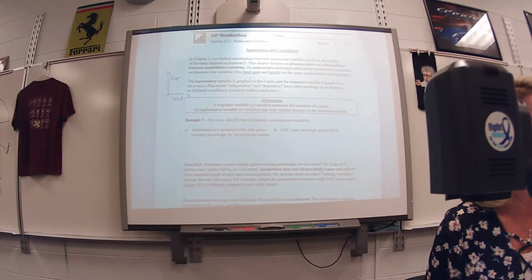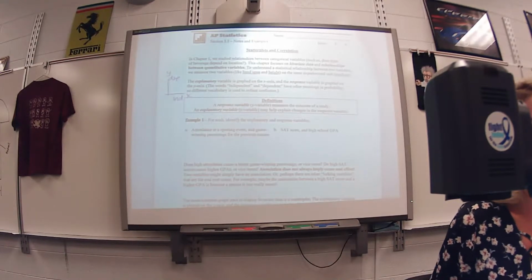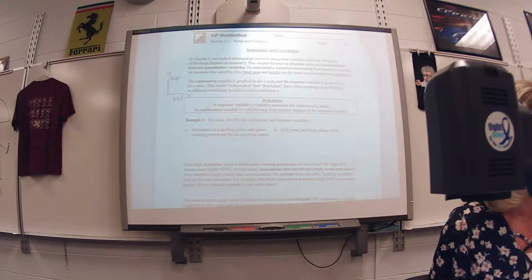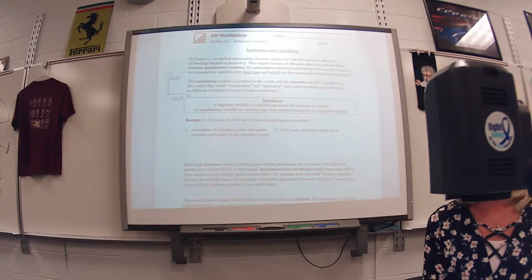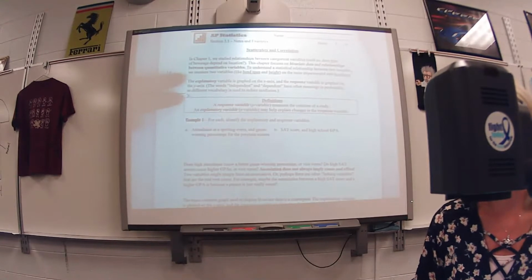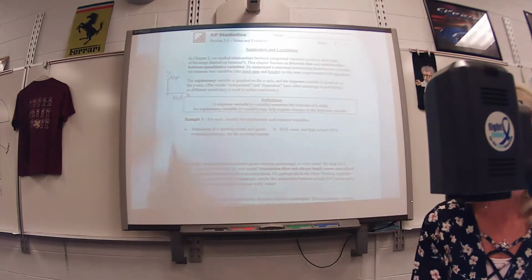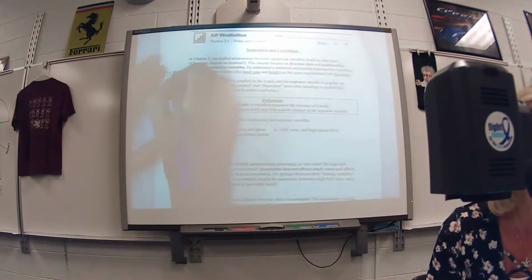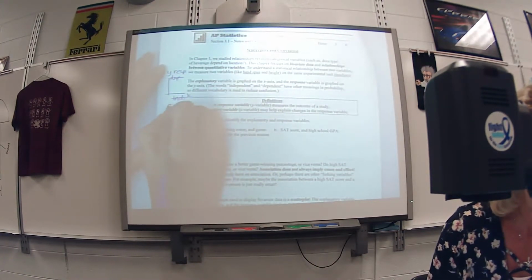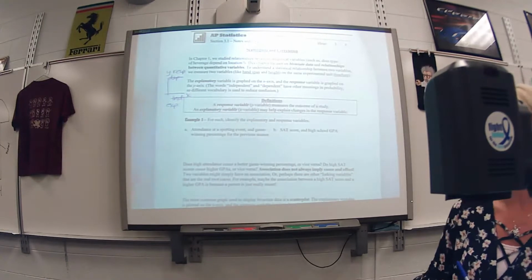If you think back to Algebra 2, we did things with probability called independent events and dependent events. That is why in the study of statistics, we don't use these words to describe our variables anymore, okay? Instead of the dependent variable, we call that the response variable. And instead of independent, we call that the explanatory variable, okay?